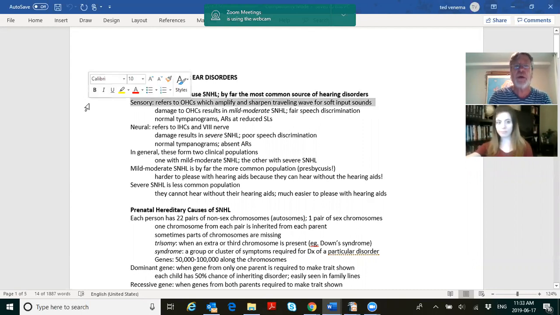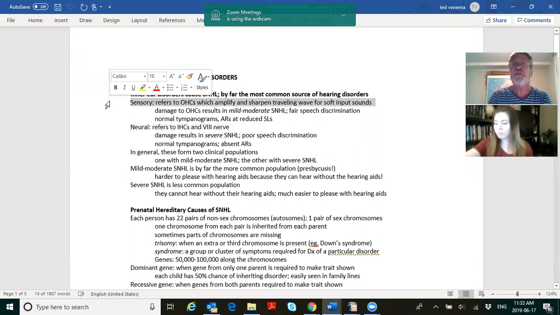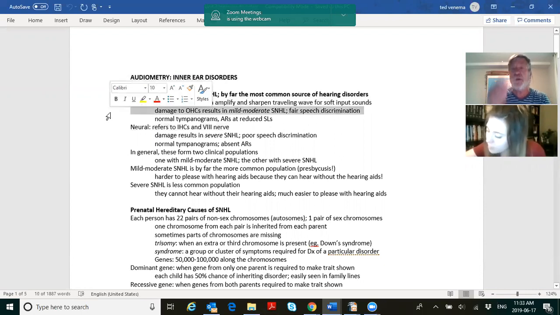Now, put a star by sensory and put a star by neural. Sensory refers to outer hair cells, which amplify and sharpen the traveling wave for soft input sounds. Damage to the outer hair cells. Remember what you had in 120 anatomy. Remember what the outer hair cells do compared to the inner hair cells.